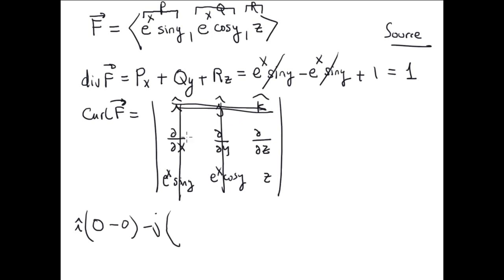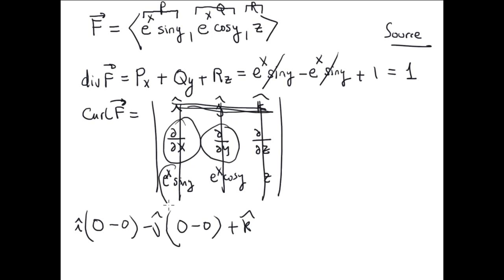Partial derivative of this expression with respect to X is also 0. And partial derivative of this expression with respect to Z is 0 also. Finally, plus k, and you delete this and this. Stay this, this, this, and this.